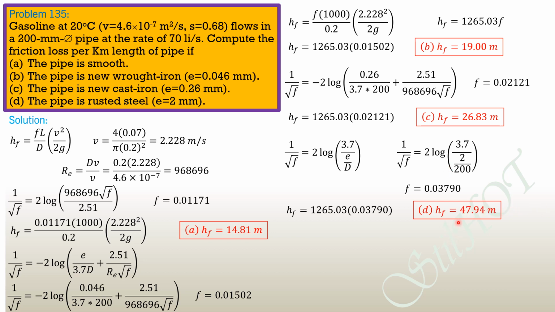47.94 meters. Then let's verify that our assumption for parts B and C was correct, that the pipe behaves as a transition from smooth to rough. So let's compute the thickness of the viscous sublayer, which is 14.14 times diameter over Reynolds number square root of F. So for part B, 14.14 times 200 mm over Reynolds number 968,696 square root of 0.01502.